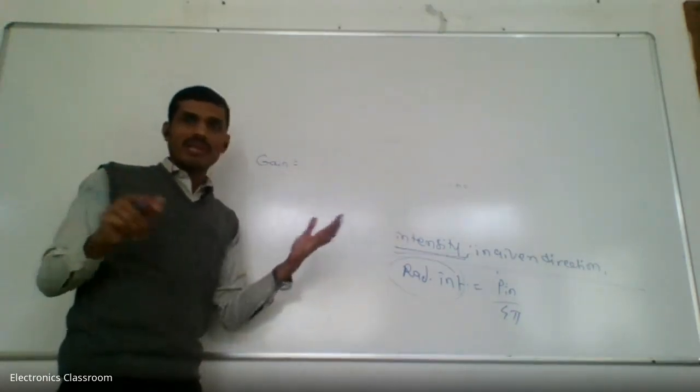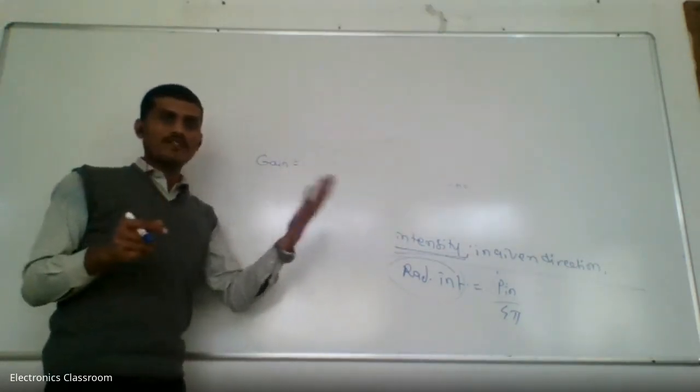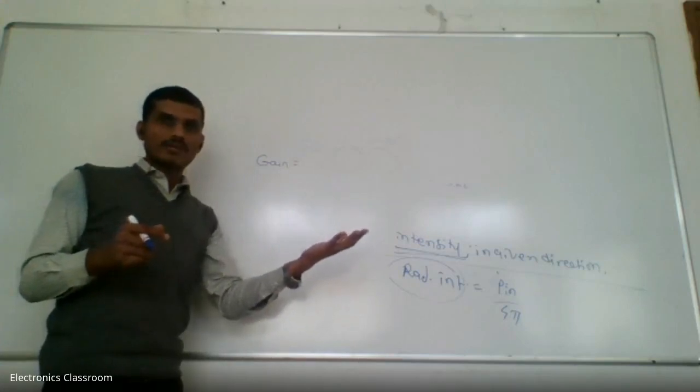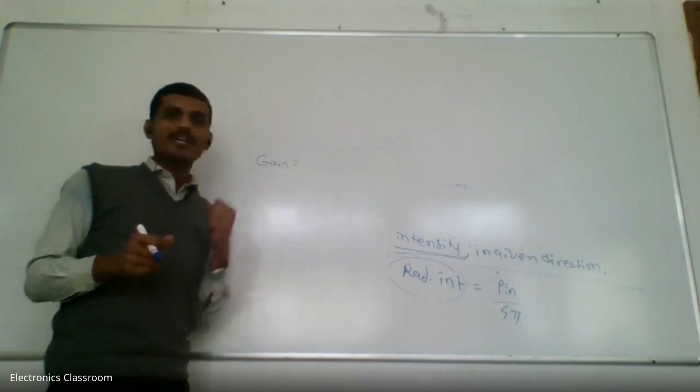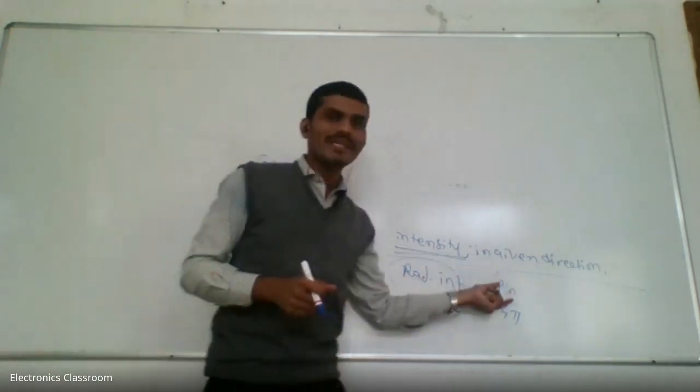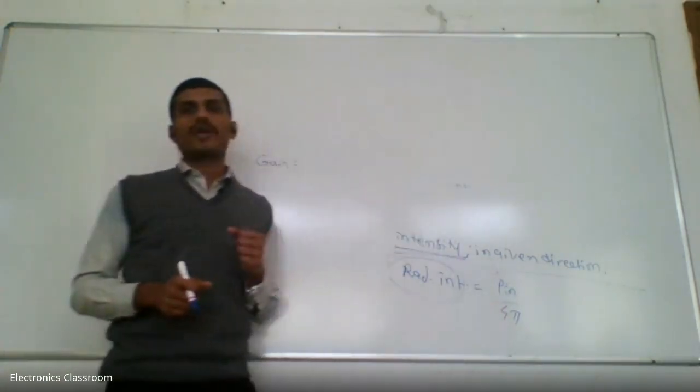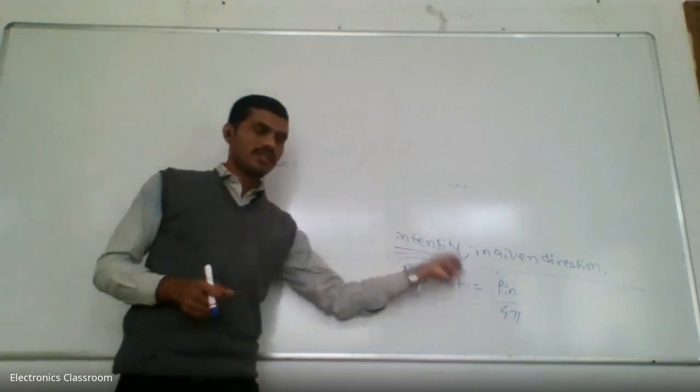The radiation intensity corresponding to the isotropically radiated power is equal to the power accepted by the antenna divided by 4 pi, and it can be written by using this equation.